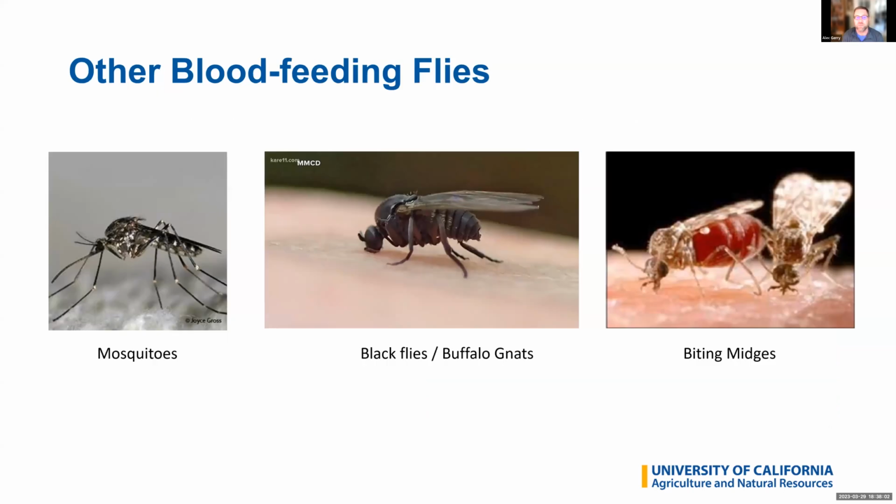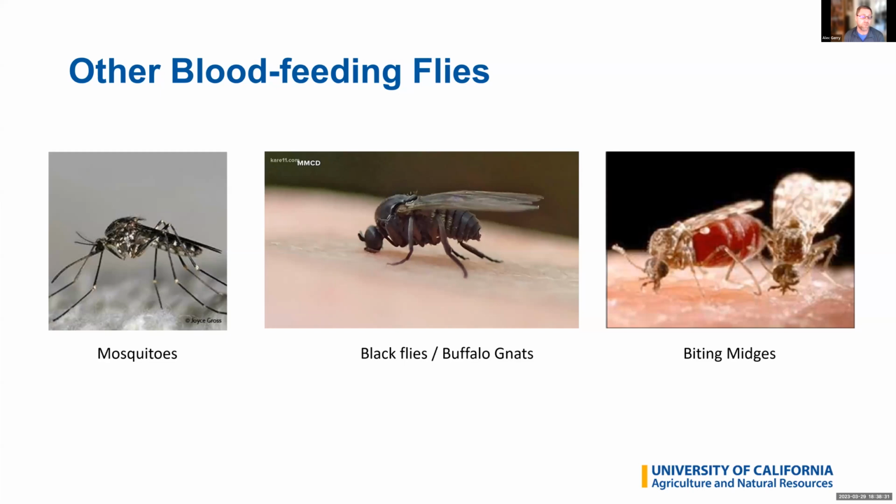There are a number of other blood feeding flies that pasture cattle have to contend with, and these include mosquitoes, black flies, and biting midges. Mosquitoes are known to transmit a number of animal pathogens. They're not a huge problem in California. They will bite animals and they can cause some irritation to the animals. But we don't have diseases right now, at least in California, that mosquitoes are responsible for transmitting to cattle in very large numbers.